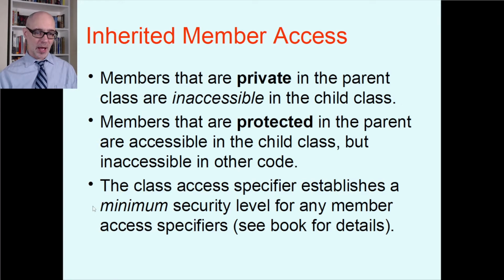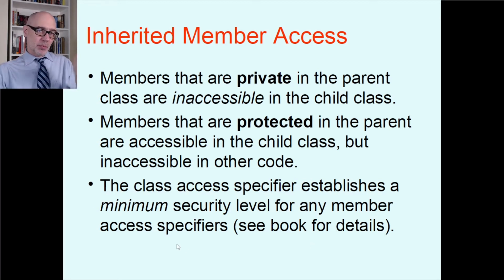Now, other than that, you have other things that are maybe public or protected. So other than that, the class access specifier that we highlighted in the prior slide is establishing a minimum security level for any member access specifiers in your child class. And the book goes into details about that.